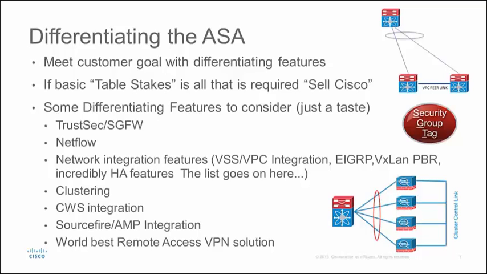Although this training module is focused on the ASA traditional firewall functionality, don't forget ASA also contains class-leading next-gen IPS, AMP, next-gen firewall, cloud web security, and the world's best VPN solution.